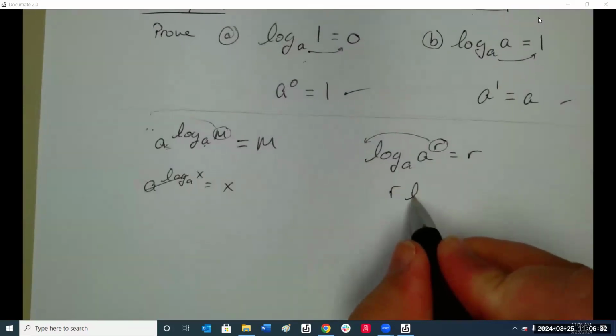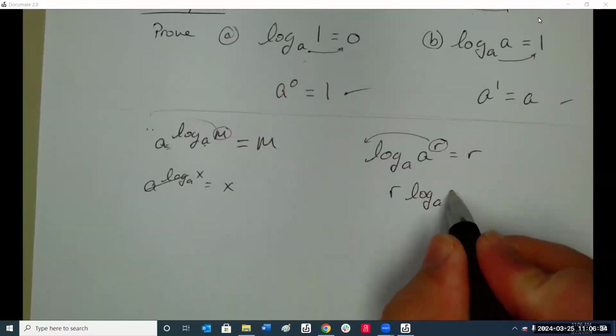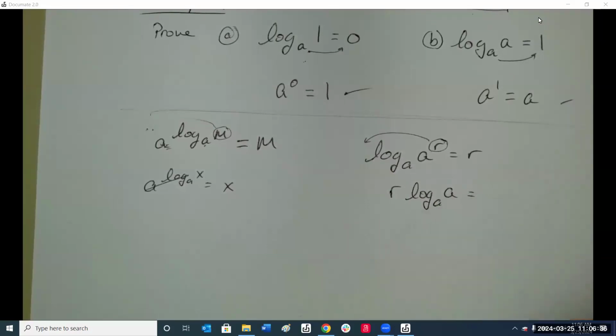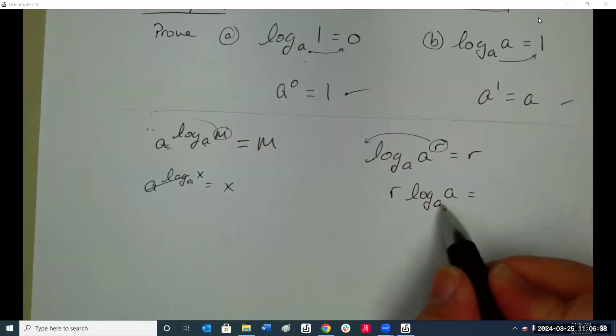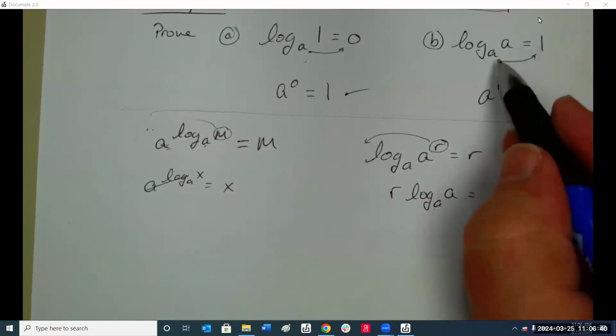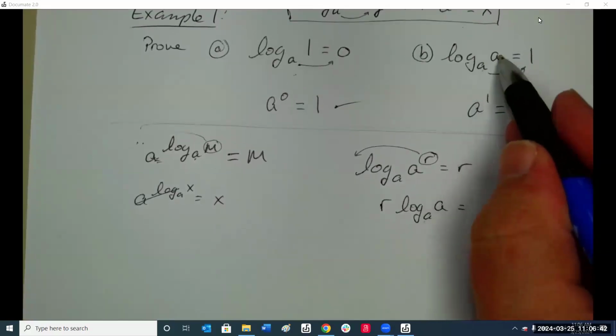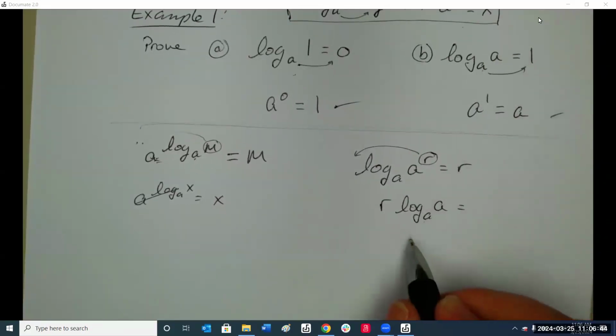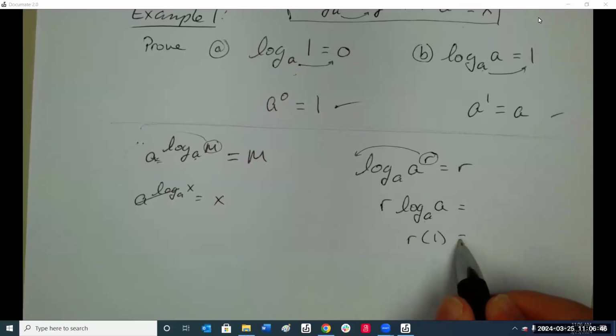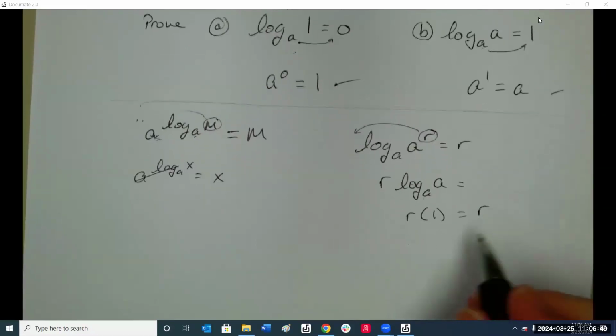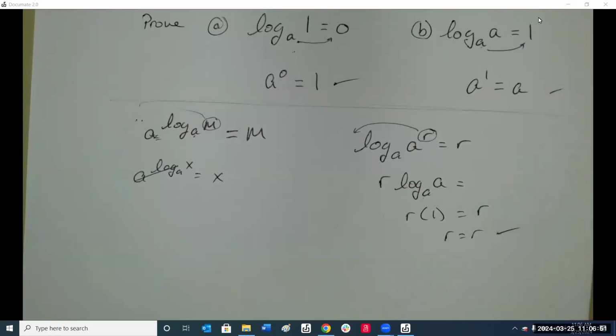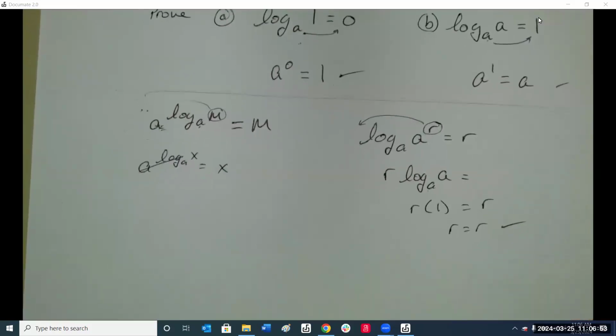So we have r log base a of a. Up here, we learned if the base and the operation are the same, it equals 1. So r times 1 is equal to r. So that's how we prove those.